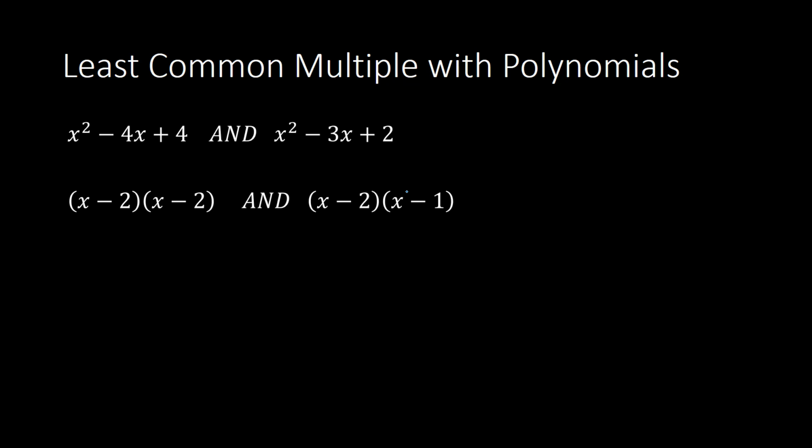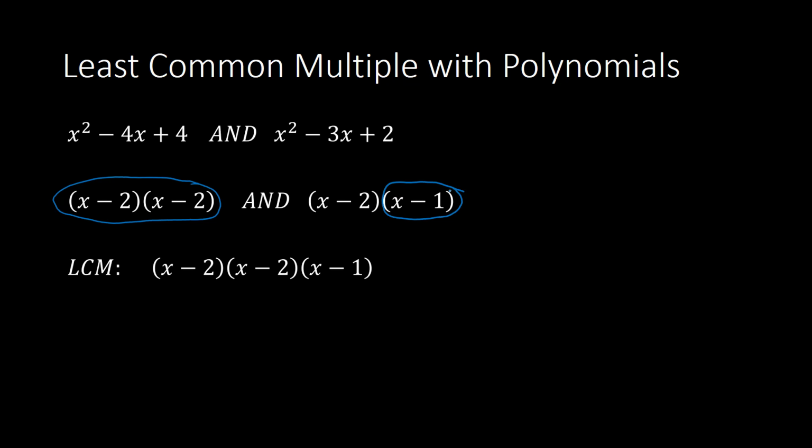So once you factor, then we can find the least common multiple. So we see what factors do we have represented. Well, we have x minus 2's and we have x minus 1's. Well, how many of each do we take? Well, this one over here has the most, so we take all of its x minus 2's. And then x minus 1's, this one has the most, so we take all of its x minus 1's.